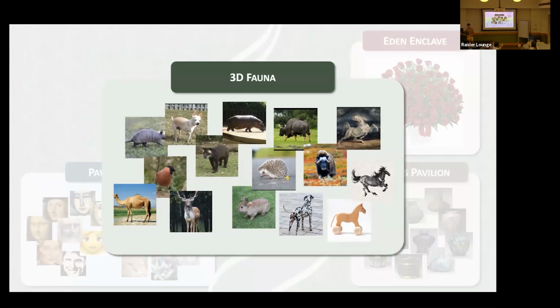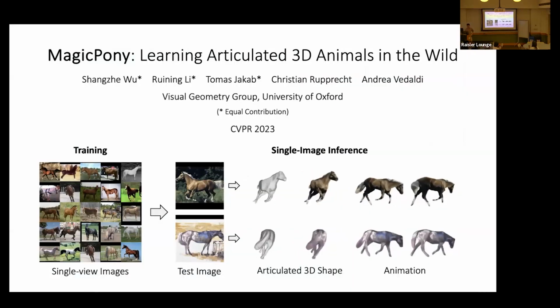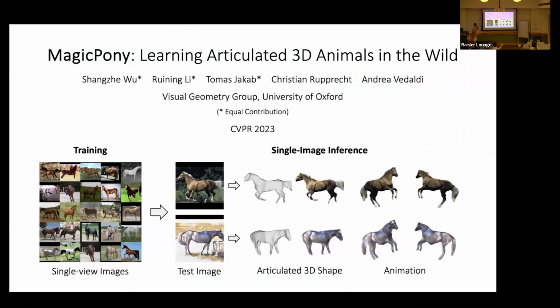So this is where this weakly supervised or unsupervised framework could shine, because you would almost always have only very sparse observations of these animals, and you need to be able to reason about their motion and 3D shape jointly. This is one of the works that we did last year.